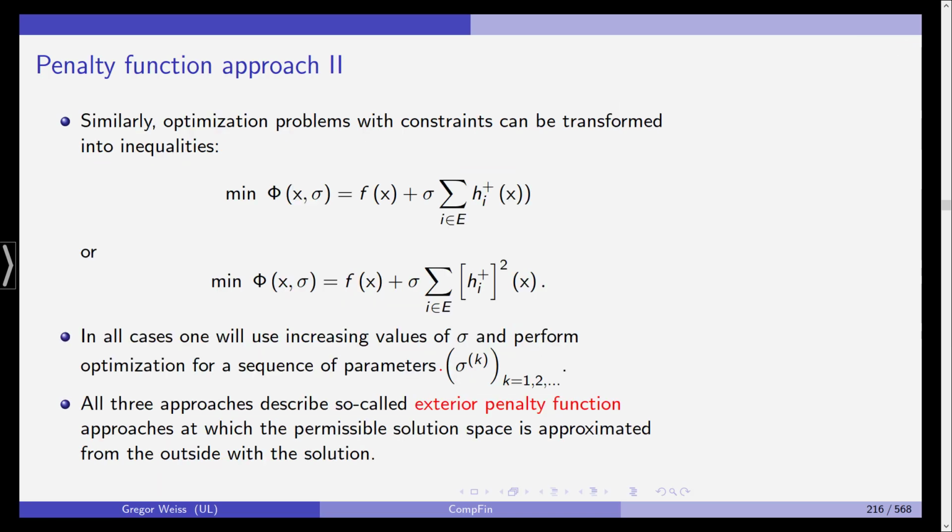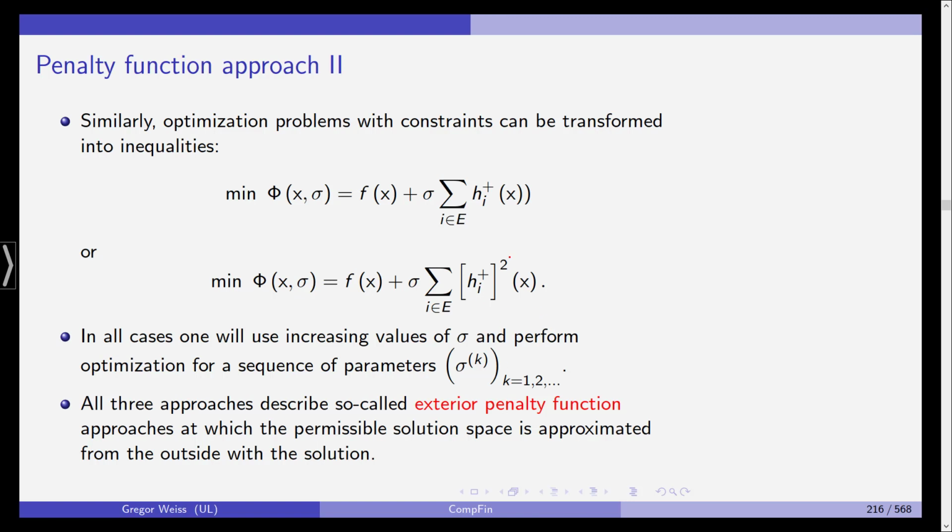And similarly, you can also do an optimization problem with constraints that can be transformed from inequalities. You can also say, okay, minimize phi of x and sigma, defined as the target function plus sigma times the positive part of hi. So we are only using a violation if you're going above 0 and not below.